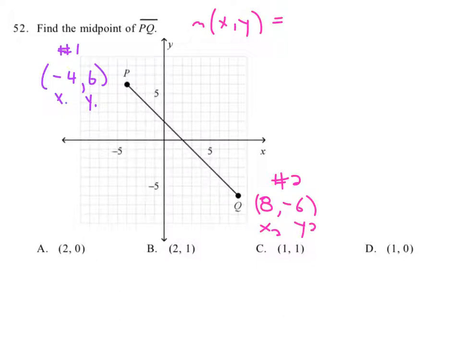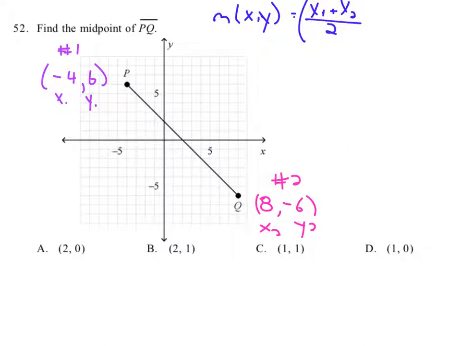Let me choose a different color here. The midpoint, coordinates x and y, will be equal to the x1 coordinate plus the x2 coordinate, divided by 2.